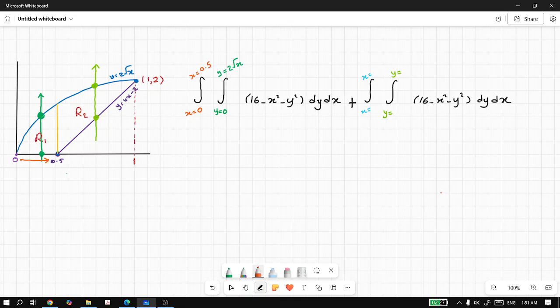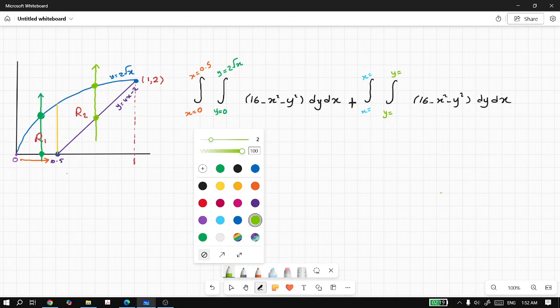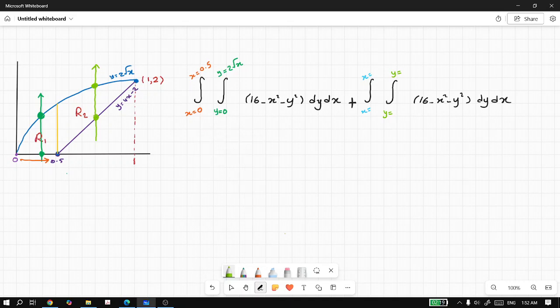So we are done with the first region. We found the limits of integration for dy dx when this vertical line is entering region 1 and leaving region 1. We have to check with region 2 also. For region 2, the vertical line is entering at that point, which is y equals 4x minus 2, and leaving the region at that point, which is the function 2 square root of x.